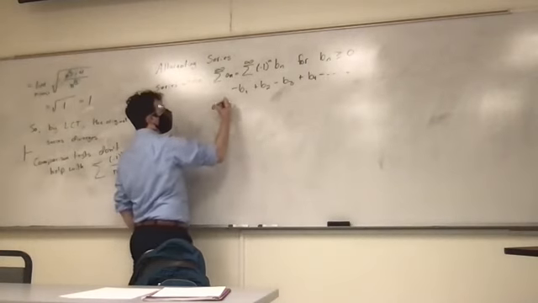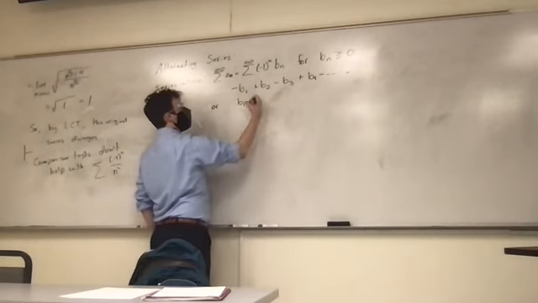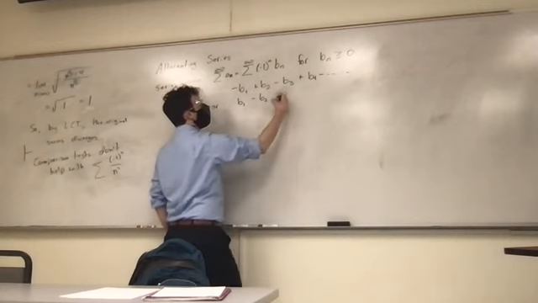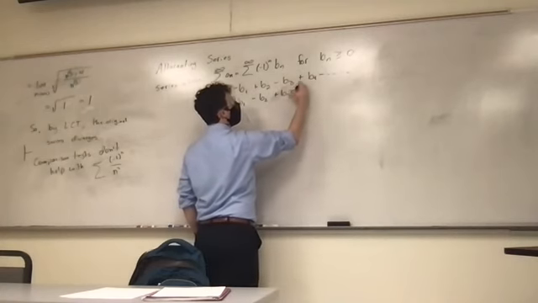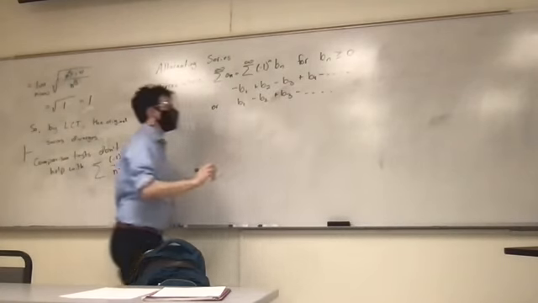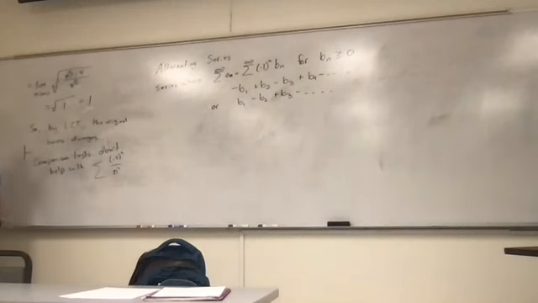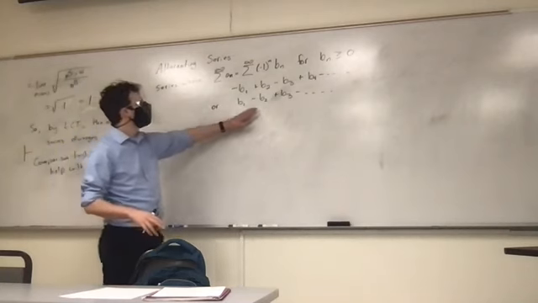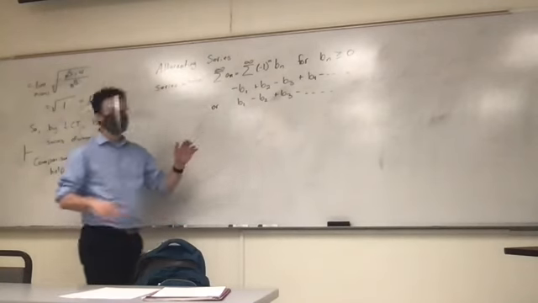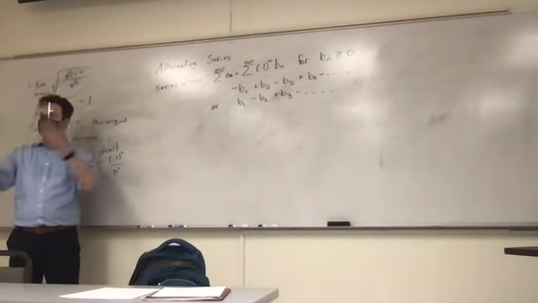Or it could start the other way, with positive b_1 minus b_2 plus b_3, and so on. Whether you start with a positive or negative doesn't really matter, but it keeps flipping, and because the b's are positive, it really does change from positive to negative to positive to negative.